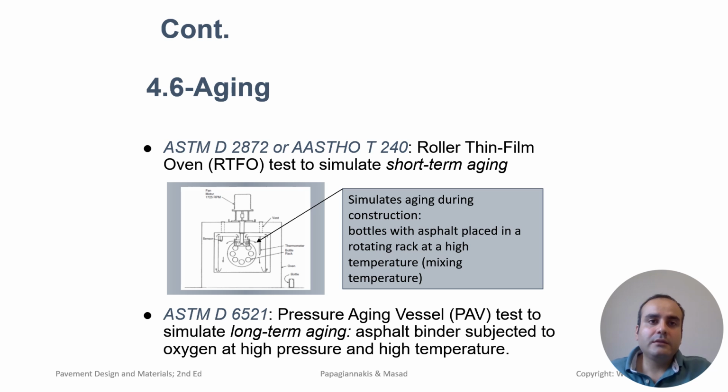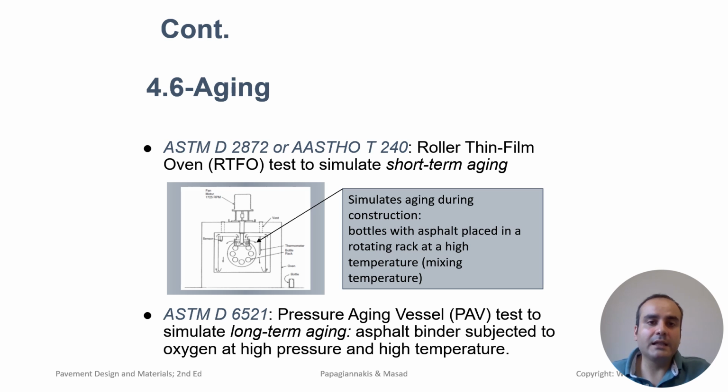The rolling thin film oven (RTFO) test simulates the short-term aging that asphalt binders experience during the hot mix asphalt production and construction process. In the RTFO test, a thin film of asphalt is spread inside bottles that rotate in an oven, which allows hot air to flow over the sample, simulating aging caused by heat and air exposure during mixing and laying of the asphalt.